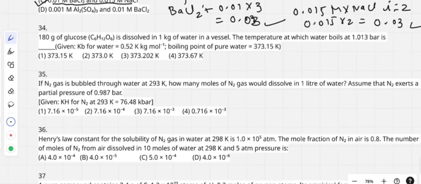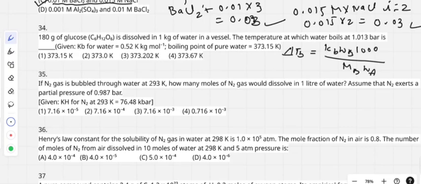What is the delta Tb here? See here, delta Tb, elevation in boiling point. Delta Tb is equal to Kb into Wb into 1000 divided by Mb into Wa. See here.